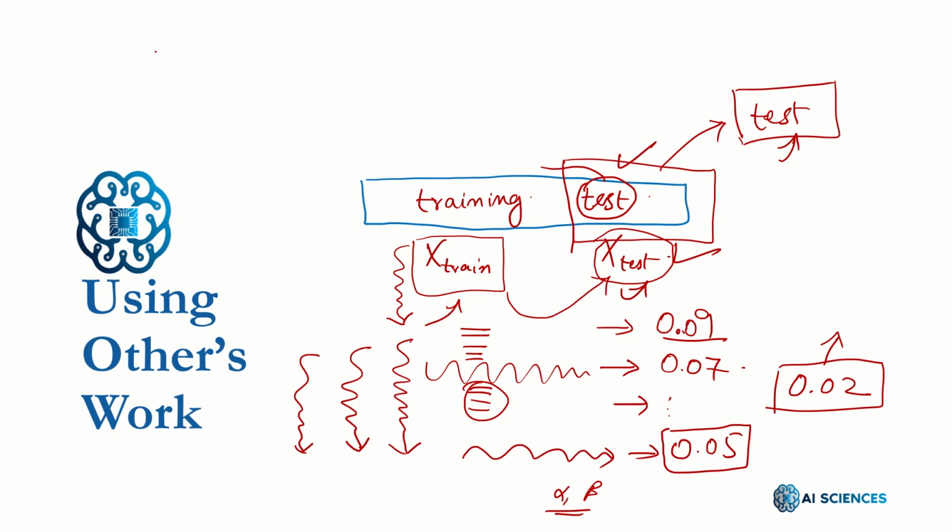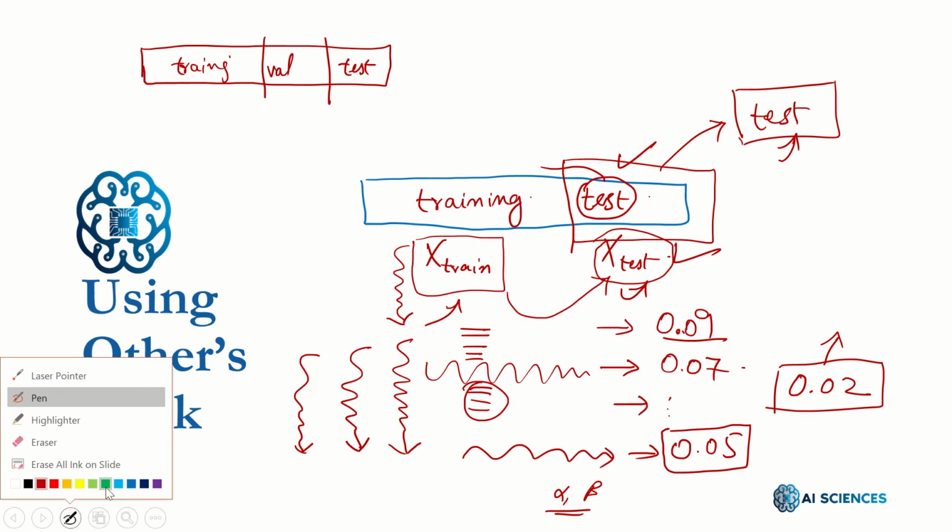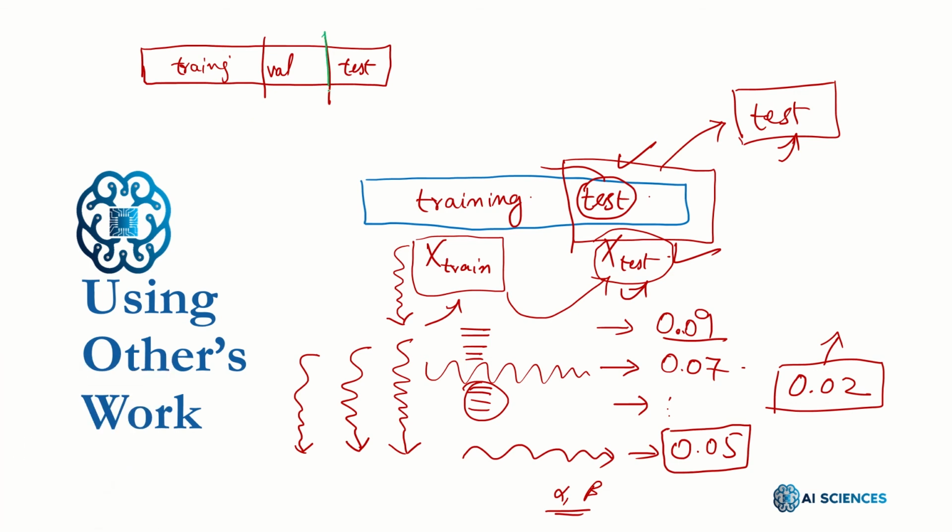One common practice that you should always follow is the following. Always split your data, normally into three categories: one for training, one for validation, and one for test. And never ever touch the test split before finalizing your model.